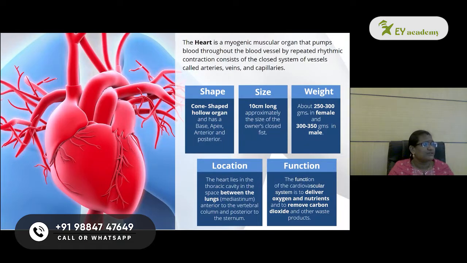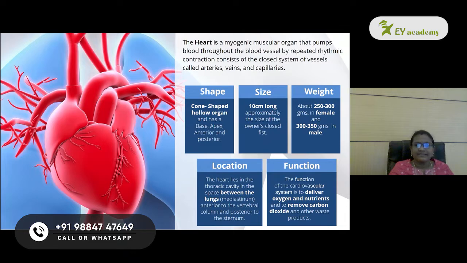Moving towards your vessels, you have arteries, veins, and capillaries. Your arteries carry the oxygenated blood from the heart to the remaining parts of your body, whereas your veins carry deoxygenated blood from the other parts of the body into the heart.